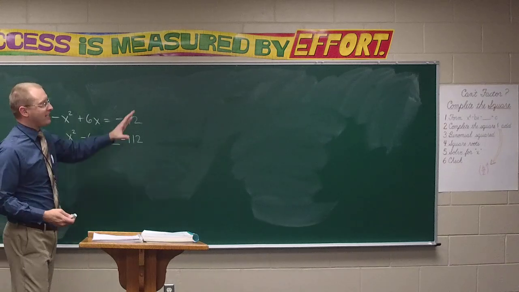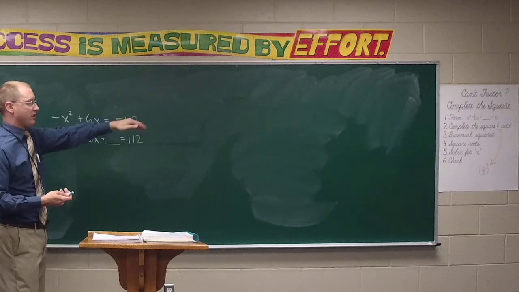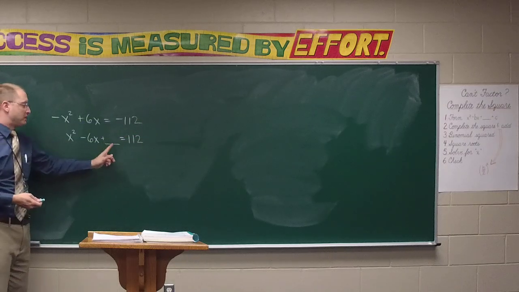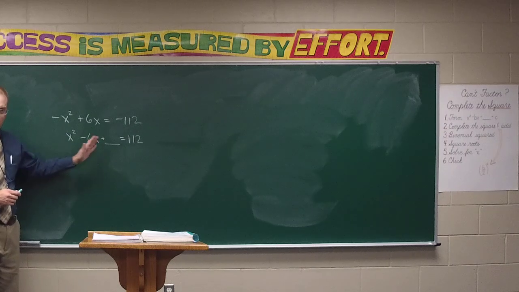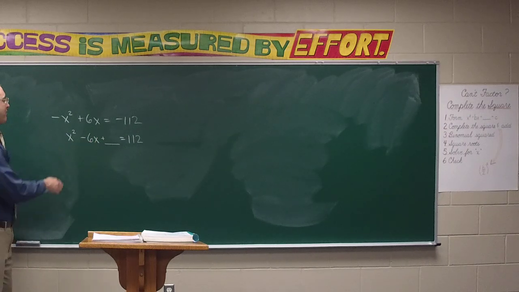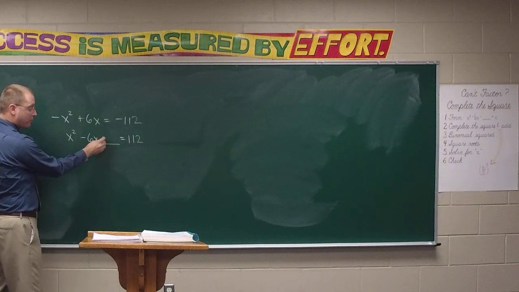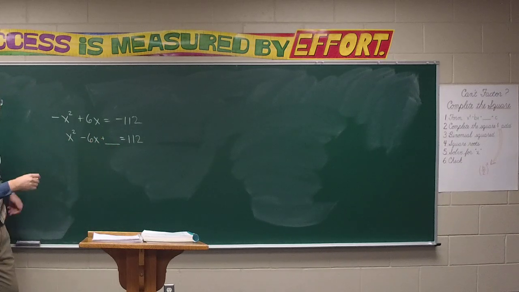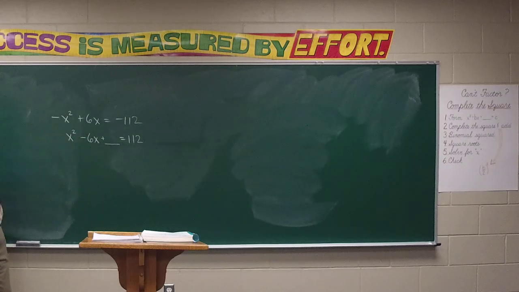Equal to, and the constant that normally when it's set equal to 0 is here needs to be on the other side. So it leaves an empty spot for us. This is the beginnings of a perfect square trinomial. This needs to be a perfect square, positive, even, right? We just have to figure out how to complete the perfect square trinomial, hence the term completing the square.